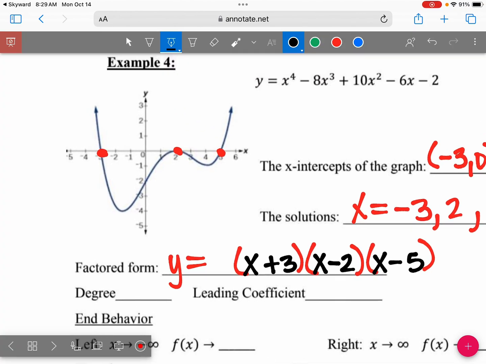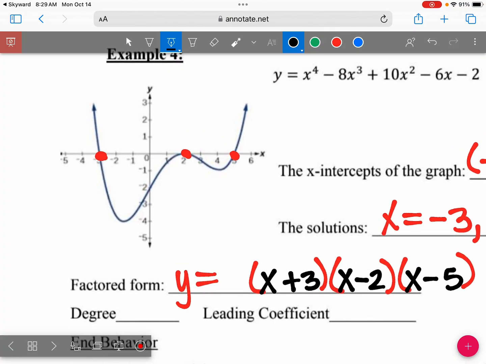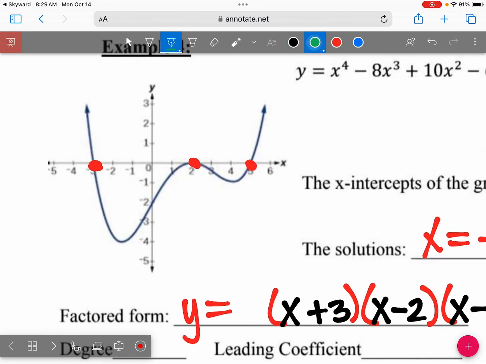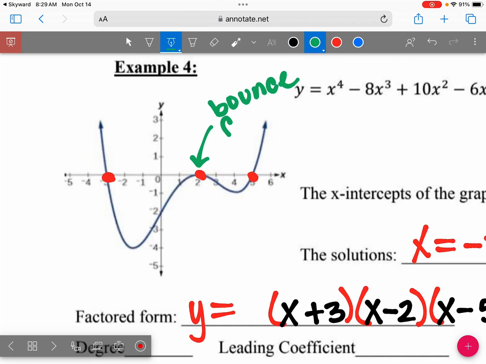So now, but let's look at this graph though, because this graph is a little different. So right here, do you see how it bounces? Whenever it bounces off of the x-axis, that means your factor is squared. So go ahead and write that. If it bounces off the x-axis, that one is squared.